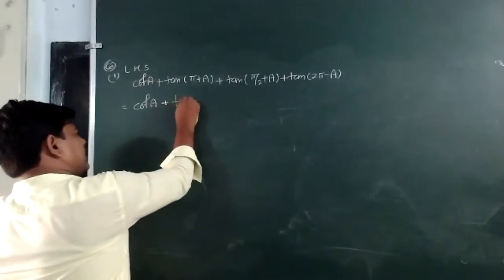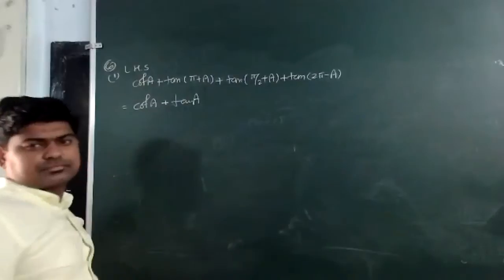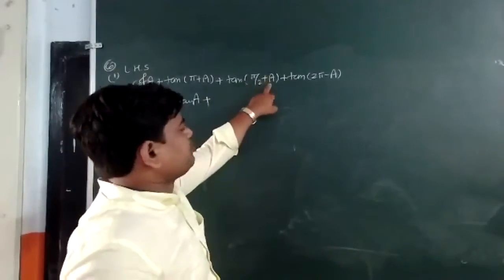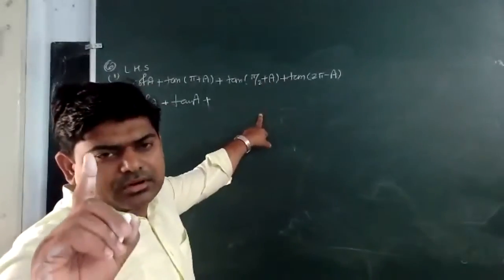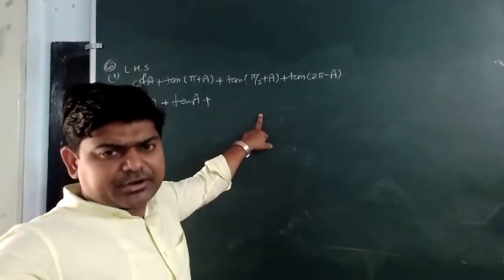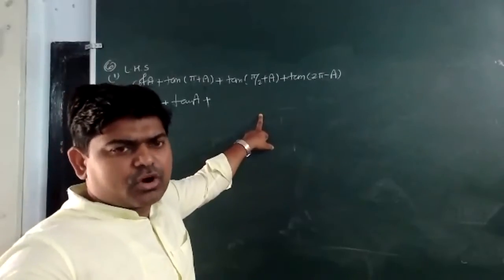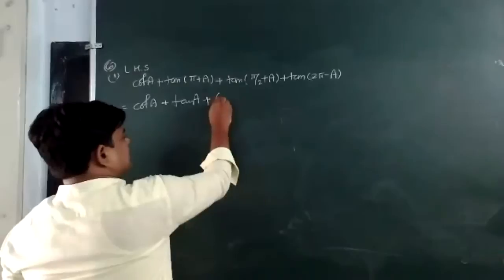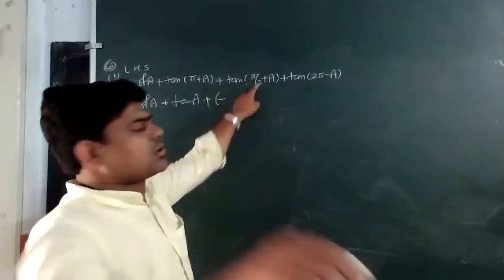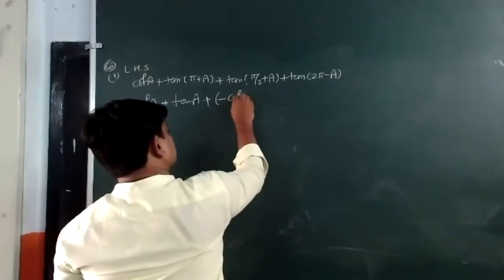The result will be tan A. Plus here, tan (pi by 2 plus A). Pi by 2 plus A will be in the second quadrant. In the second quadrant, tan is negative. The result will come with a negative sign. And with pi by 2, tan will convert into cot. The result will be minus cot A.